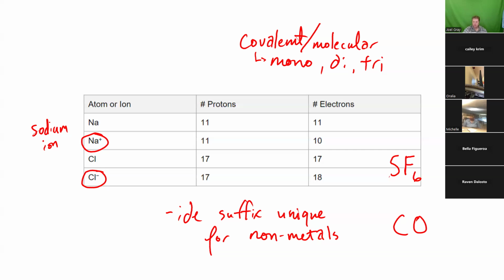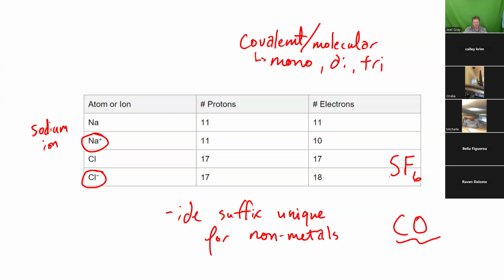Close, you're very close. You've got the IDE right. There's only one thing that's missing. We called this carbon monoxide. How many fluorides are there?